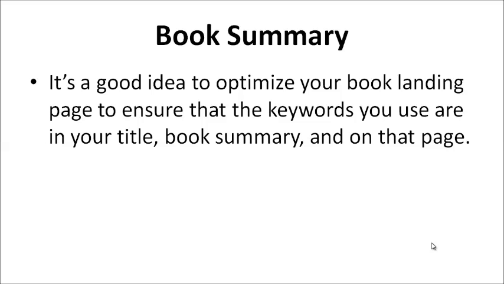That area needs to be optimized in such a manner that it contains the keywords and the categories that you're using. If you can do that, then it's a lot more optimized. So you can use the keywords in your title, your book summary, your book description, and basically on that page.